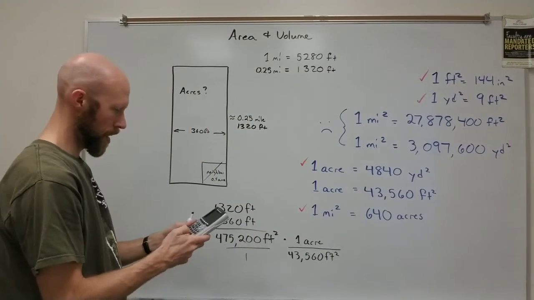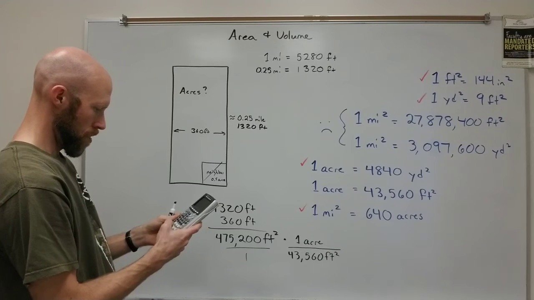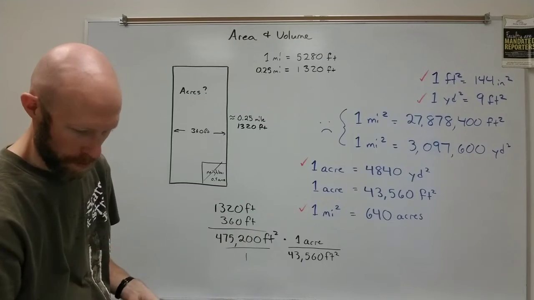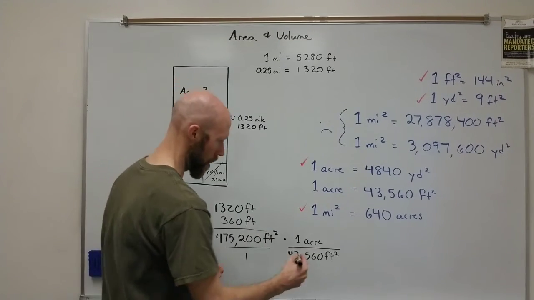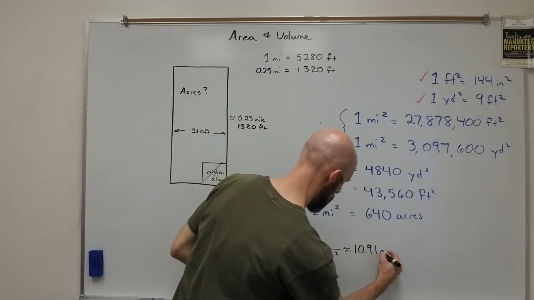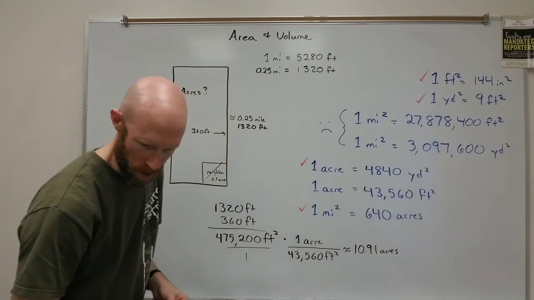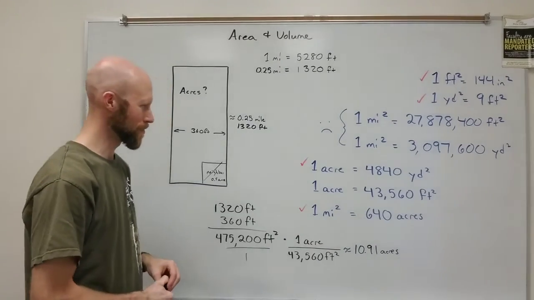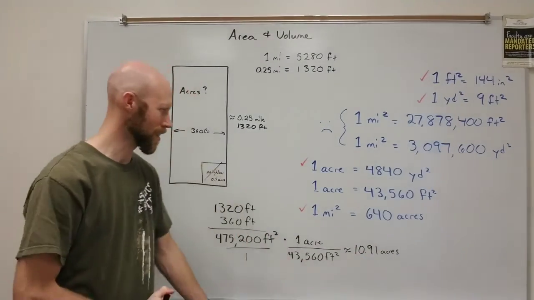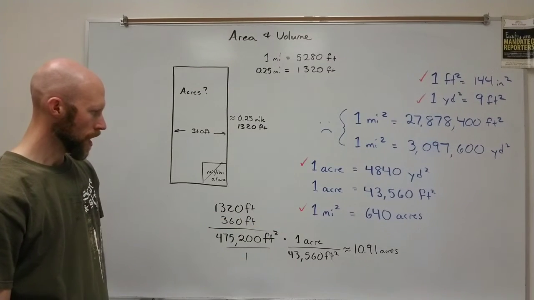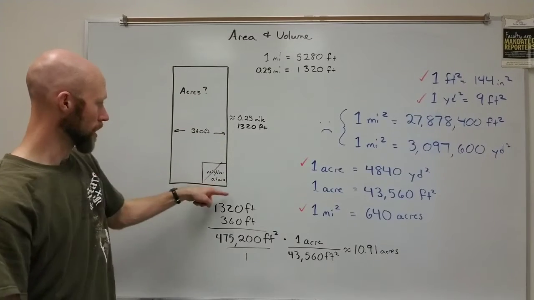I'm going to divide that by 43,560. I have approximately 10.91 acres. I'm rounding there. It's 10.909090901, so there's a repeating decimal in there somewhere. So 10.91 approximately, and that's the whole big rectangle.